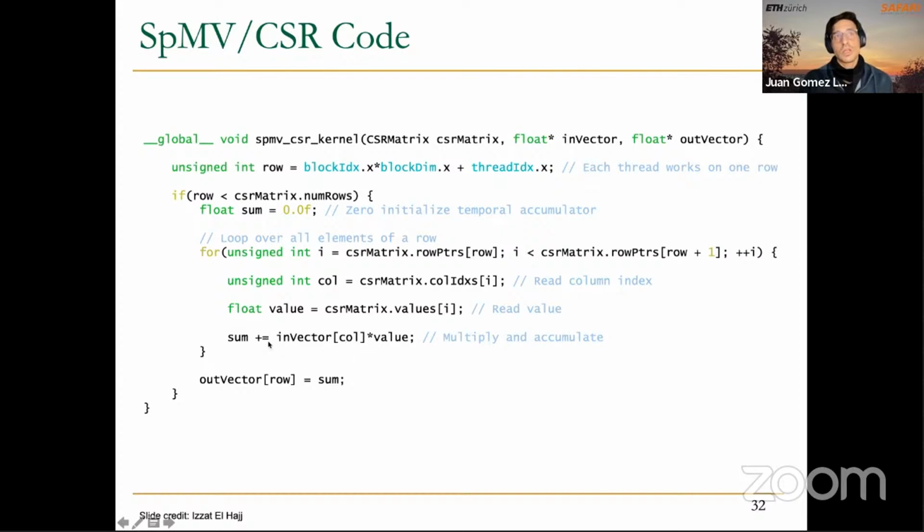Store this vector in shared memory is one possibility, or if it doesn't fit completely, we can store chunks and perform several iterations in an outer loop where we first load a chunk of the input vector, perform the corresponding multiplications and store and so on.